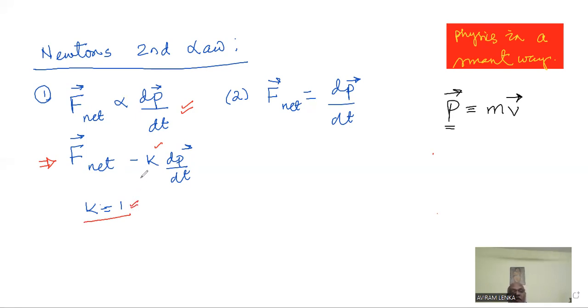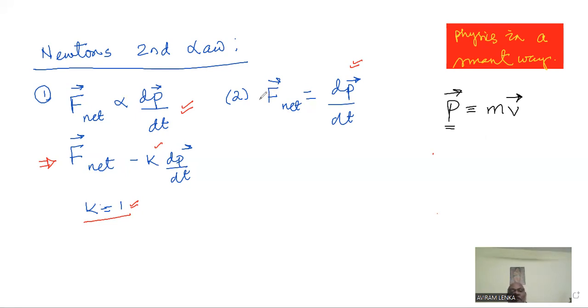But my point is, why go to all those details? Why should we not directly say that net external force equals the rate of change of momentum straight away? Because either you say that net external force acting on a body is proportional to the rate of change of momentum, or you say that it is equal to the rate of change of momentum.